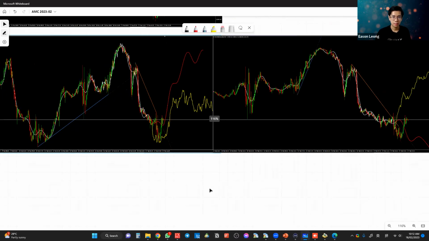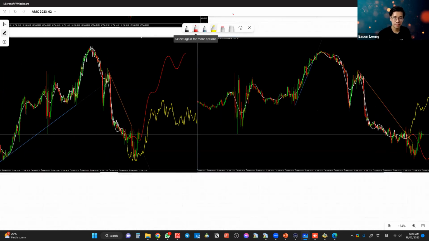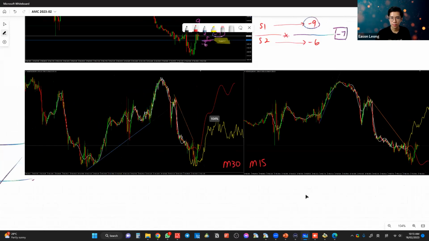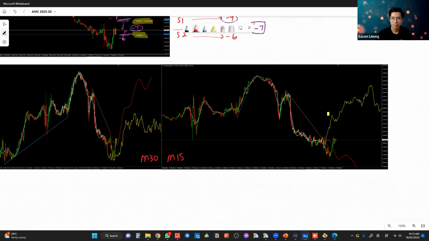Left hand side is M30, this is M15. Both do have AI predictions. Both have predictions like this, and some is like this, and this is like this.